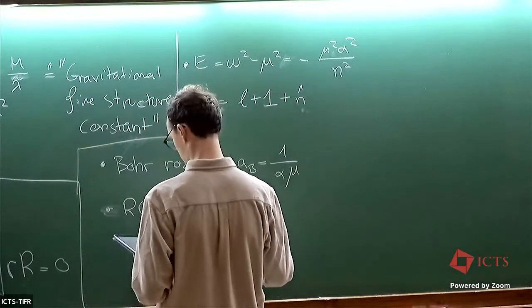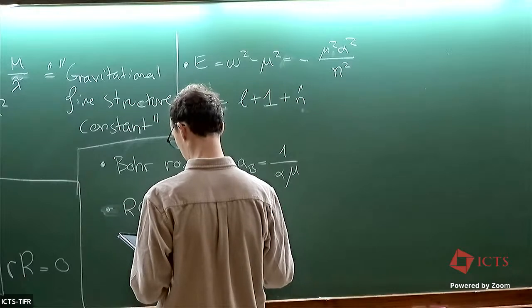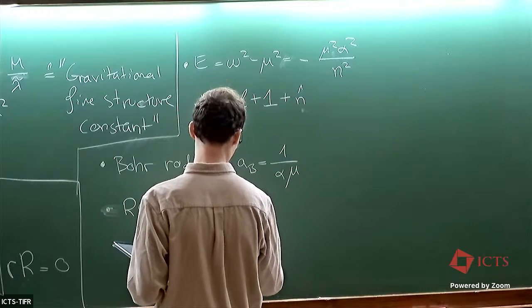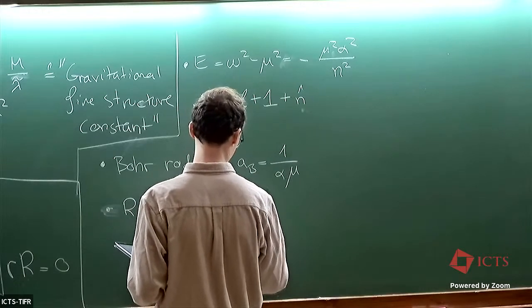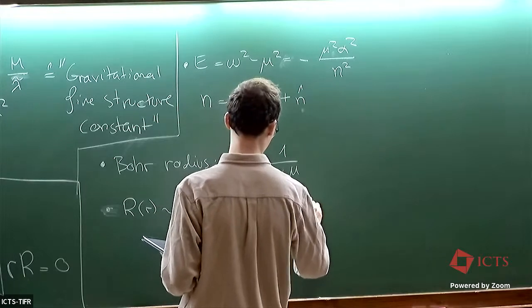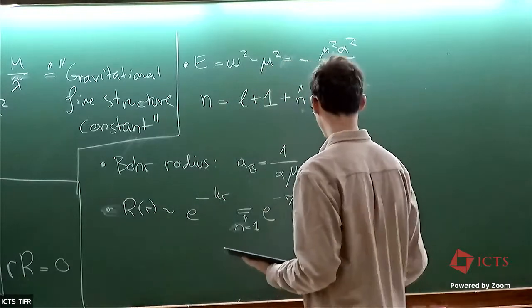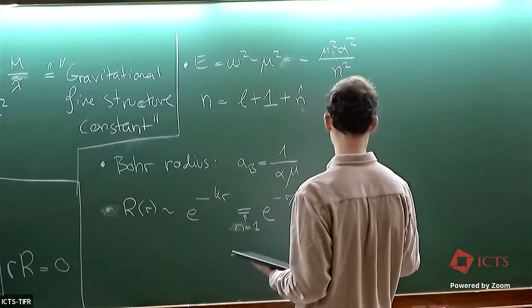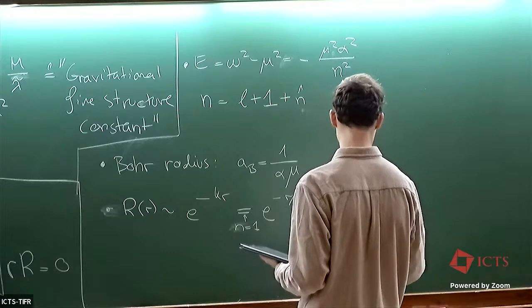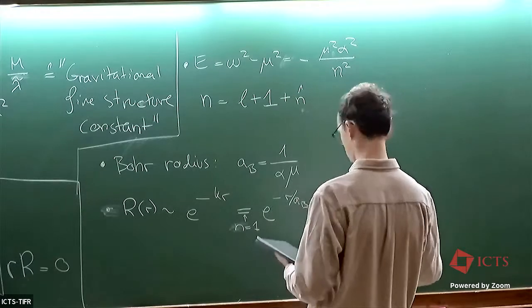Kr, which for n equals 1 is just r over a Bohr, and K is just mu squared.